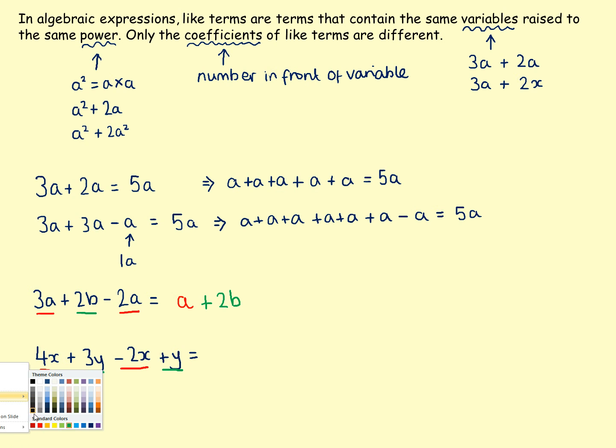So collecting together the variables that are the same, we've got 4x, take away 2x, so that's 2x. We've then got 3y, add another y, which gives us plus 4y. So that's our simplest case there of collecting like terms and simplifying expressions.